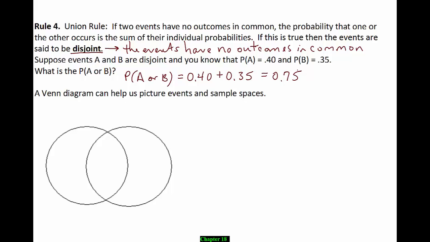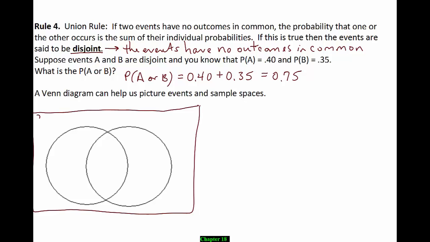A Venn diagram is going to help us picture events and sample spaces. When we draw a Venn diagram, we usually draw a box, and that denotes our whole sample space. And then we draw circles or other shapes to denote our events. So let's say that that's event A and B in there. Are those events disjoint?